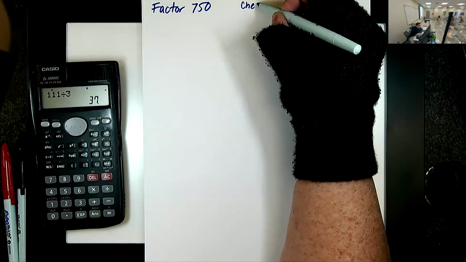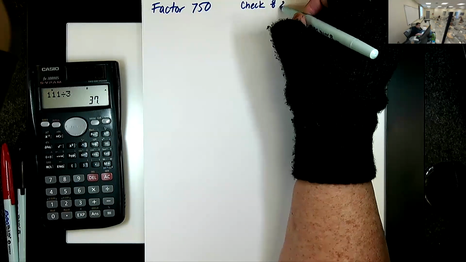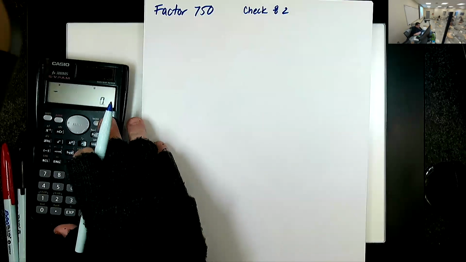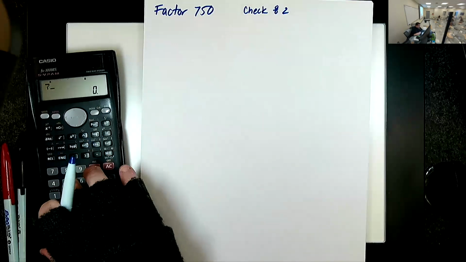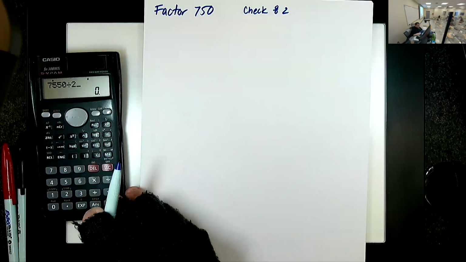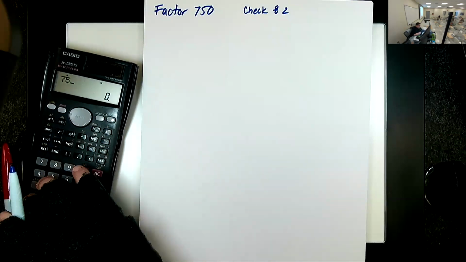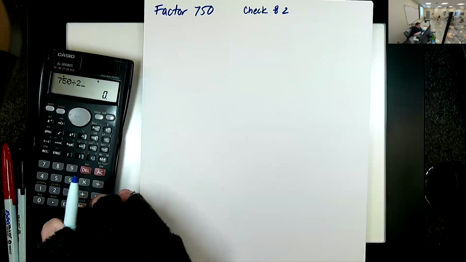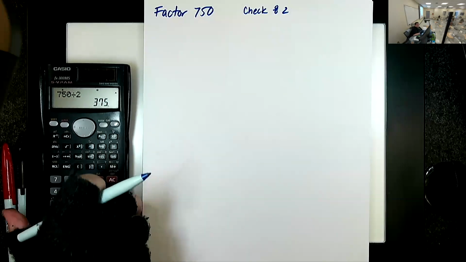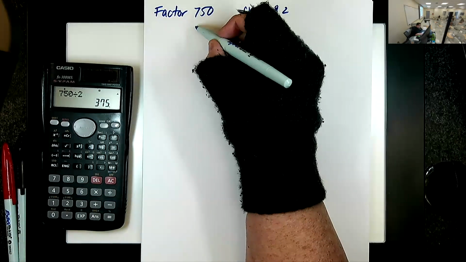Check dividing by 2. I could do it by hand if I wanted to, or I just throw it in a calculator. 750 divided by 2 is 375.